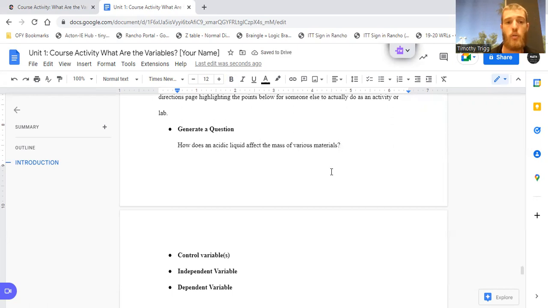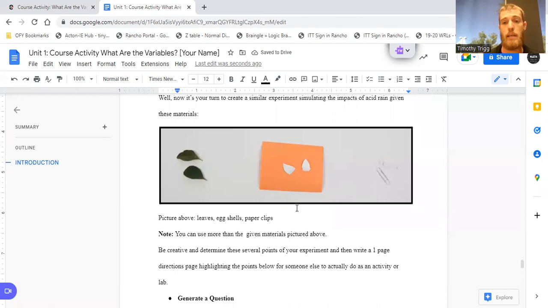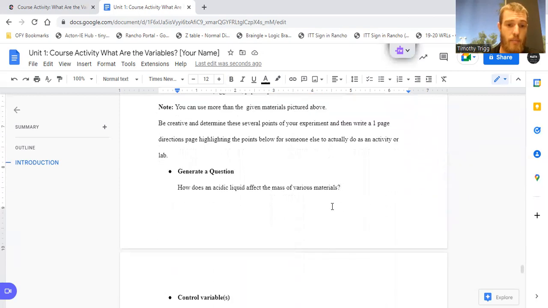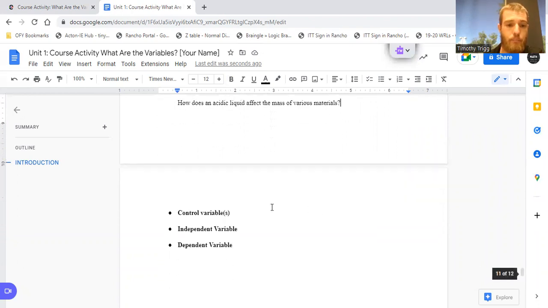So we're going to put vinegar on one of the leaves and then not on the other. Put vinegar on one of the eggshells, but not on the other. And then same with the paper clip. And we're going to compare the mass of these. In other words, we're going to weigh them before and after to see how it affects it, right?